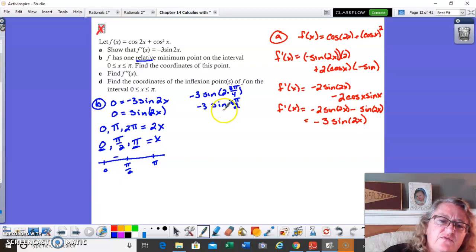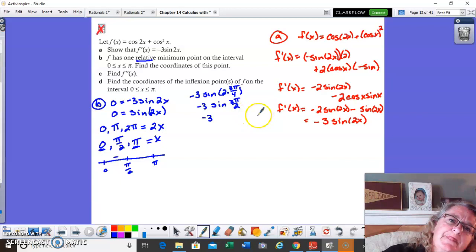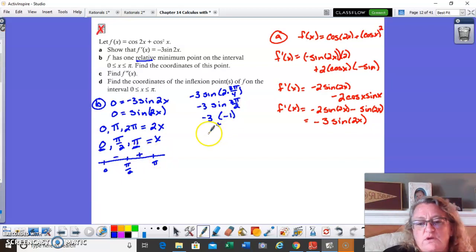The sine of 3 pi over 2 is -270 degrees, so that's -1, and multiplied by -3 that's a positive number. Wow, glad I worked that out.